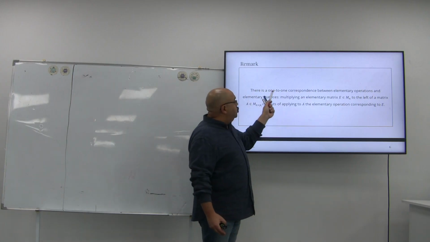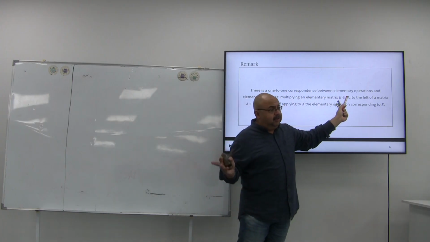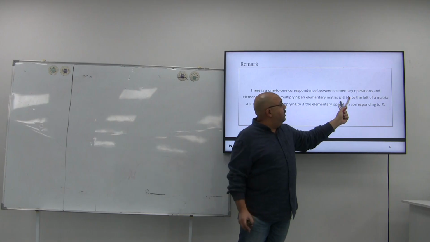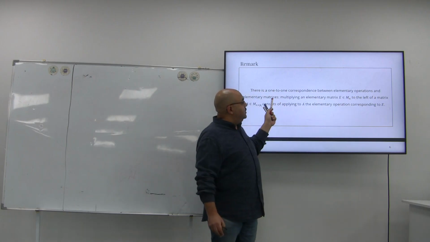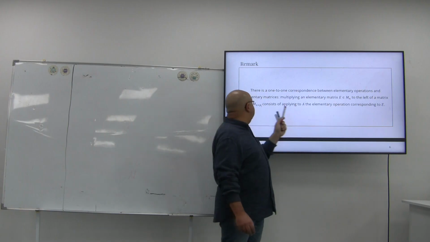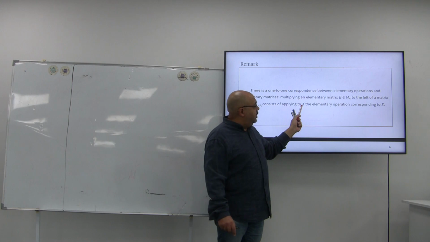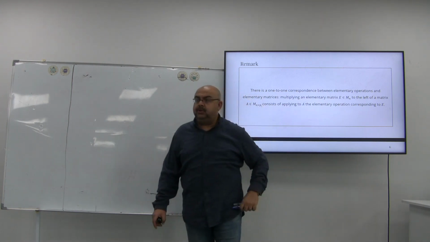Okay, there is a one-to-one correspondence between elementary operations, the row switching, multiplying a row by a number, adding multiples of rows, and elementary matrices. Multiplying an elementary matrix E to the left of a matrix A consists of applying to A the row operations corresponding to it.